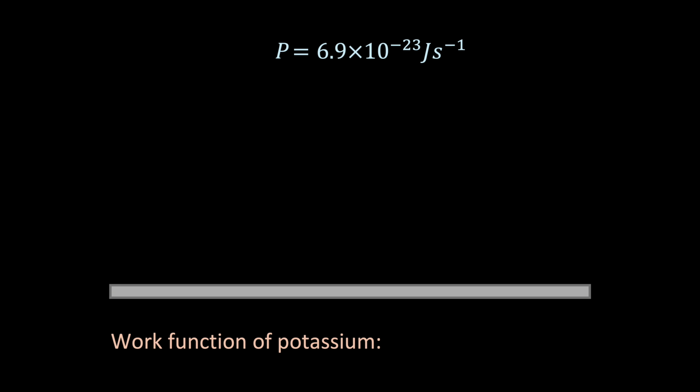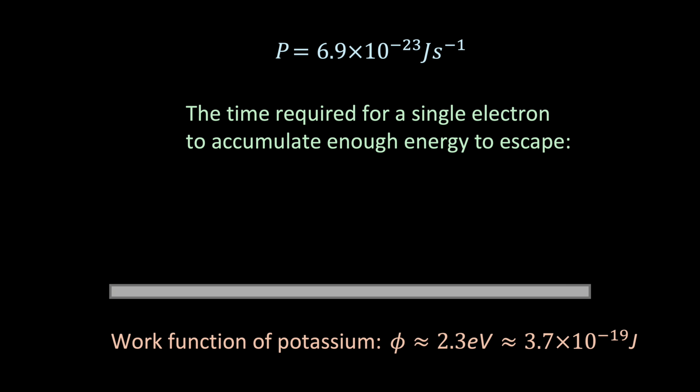Now, given that the work function of potassium is about 2.3 electron volts, which is roughly 3.7 times 10 to the minus 19 joules, this tells us how much energy the electron requires to escape from the surface. And given that we also know the energy transferred per second by the light to the electron, we can calculate the time required for a single electron to accumulate enough energy to escape.